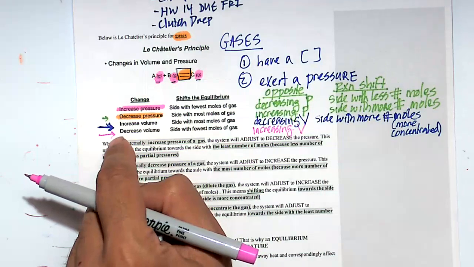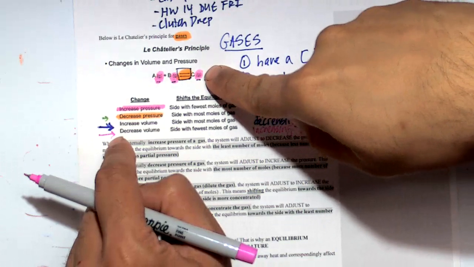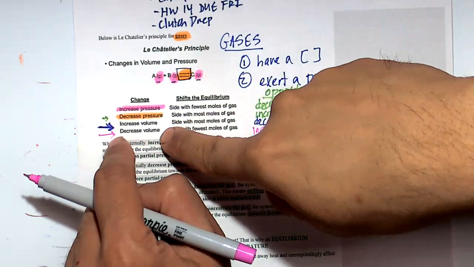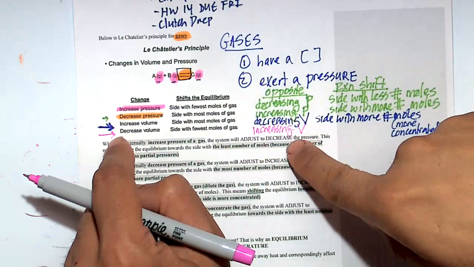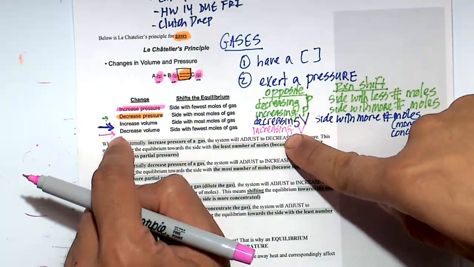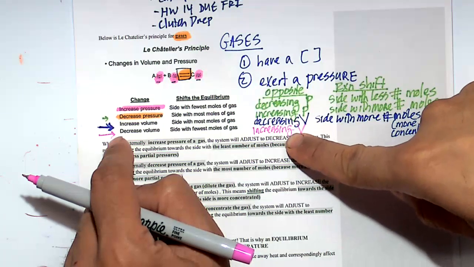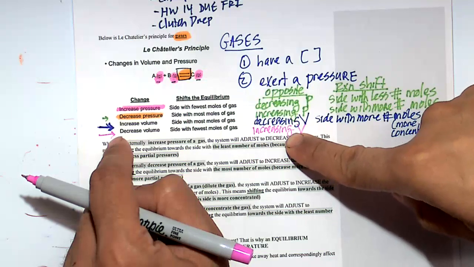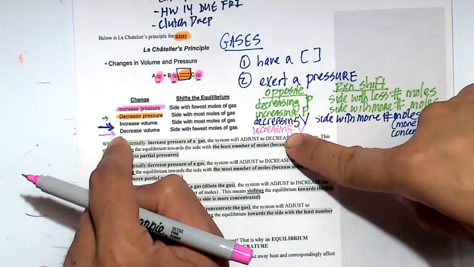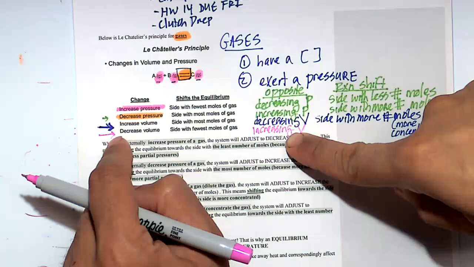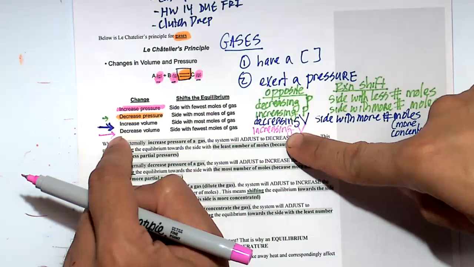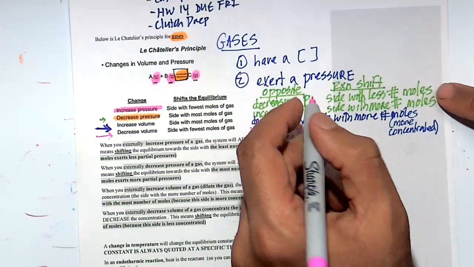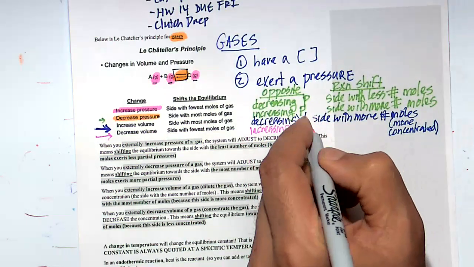How will the reaction behave? Opposite. So what's the opposite of decreasing volume? Increasing volume. So which side has increased volume? More concentrated or less concentrated? Less concentrated. So which side is less concentrated? More number of moles or less number of moles? Less. Does that make sense?